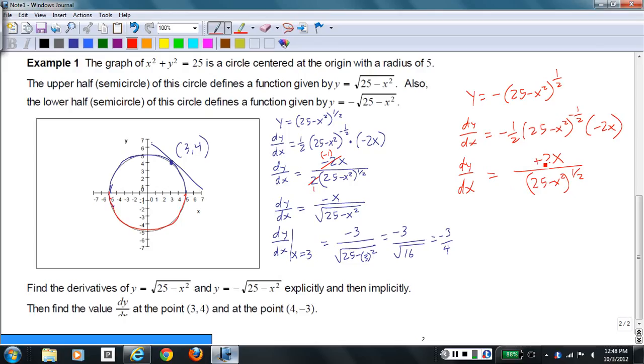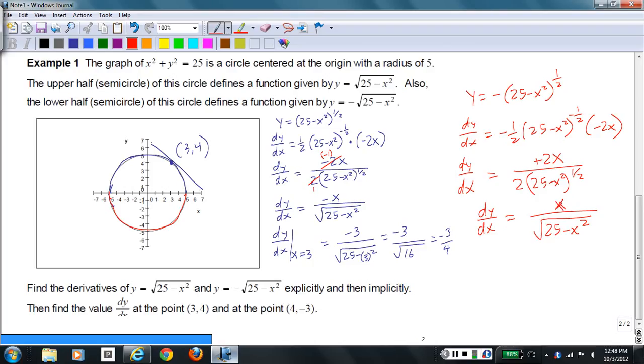So dy/dx equals 2x over the square root of 25 minus x squared. Yeah, the 2 goes away. So what should I have done? Put a positive 2 down there? Yes, that would have worked out better. So this is negative 1 times the derivative we just found: x over the square root of 25 minus x squared.